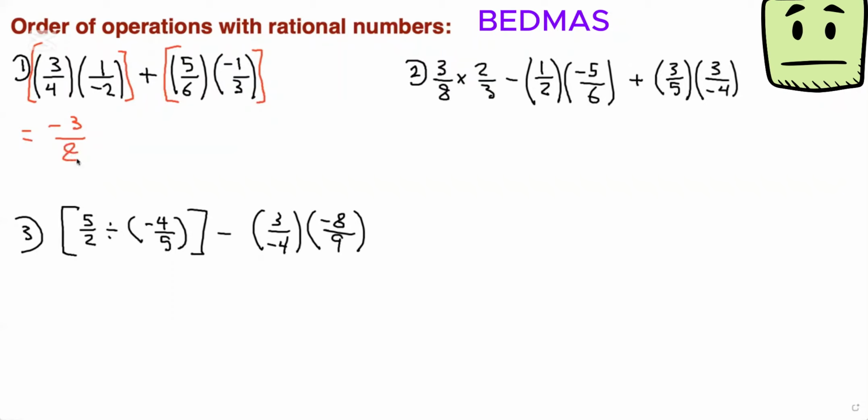So -3 over 8 plus, here also we cannot reduce, so we're going to get -5 over 18, which gives me -3 over 8. Positive and negative, opposite signs, we get a minus, so just -5 over 18.